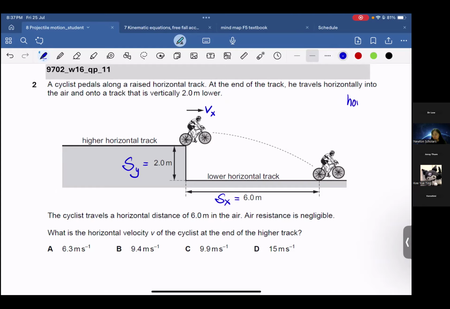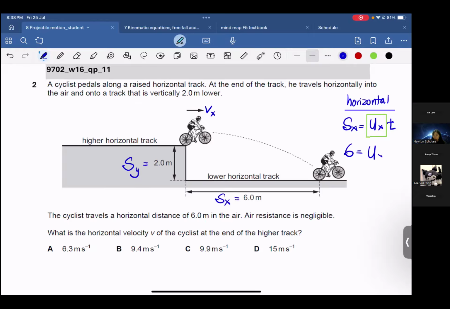Horizontal, x equals uxt. You want to find this ux. Ux and vx all the time will be constant. So you got the 6 meter.